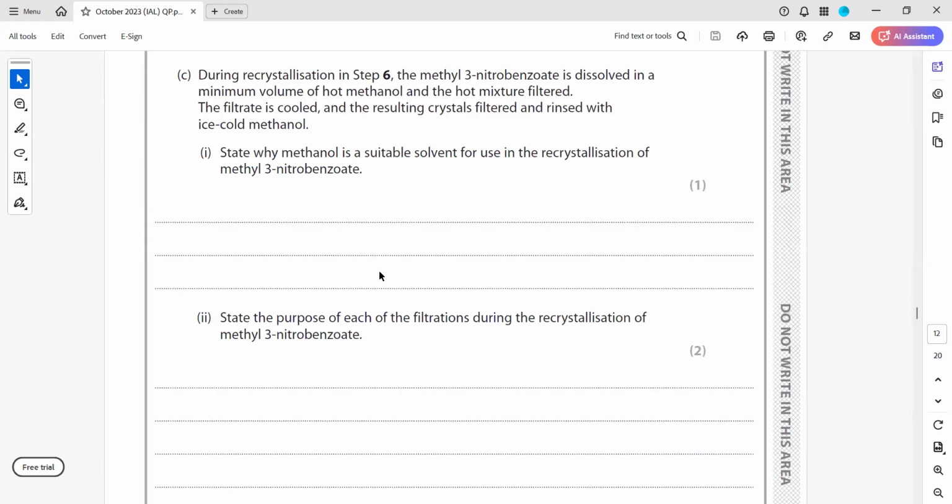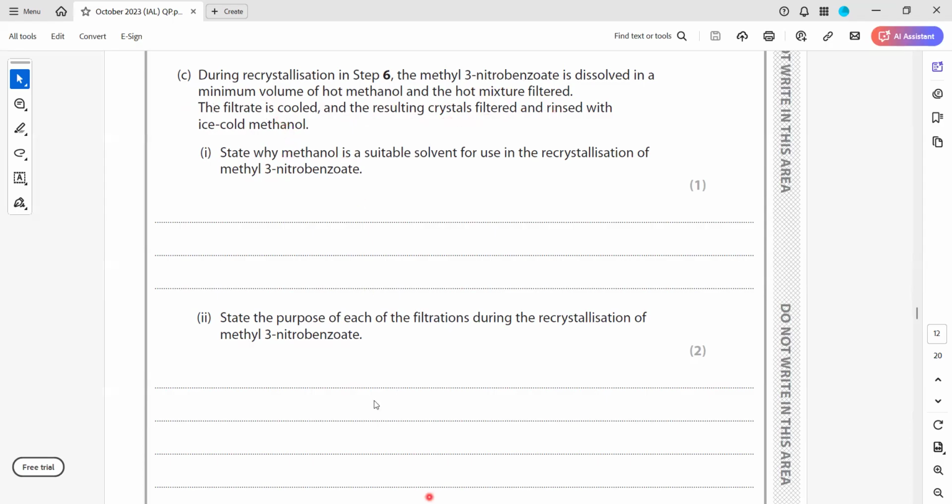Another question. During recrystallization, step 6, the methyl 3-nitrobenzoate is dissolved in a minimum volume. If you remember, when we discussed organic synthesis, we always use a minimum volume of hot solvent, and then you use hot filtration and the filtrate is cooled, resulting in crystals, and rinse.